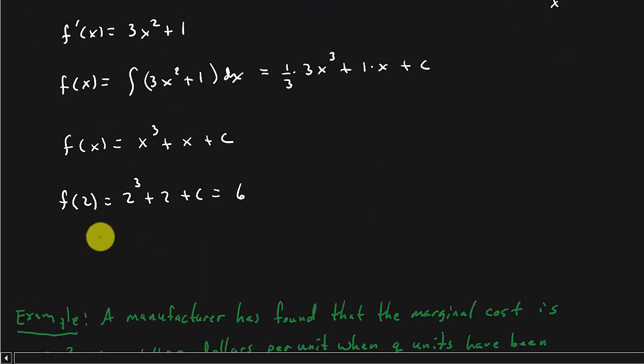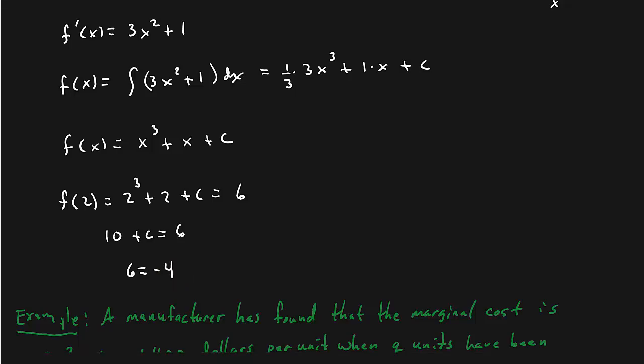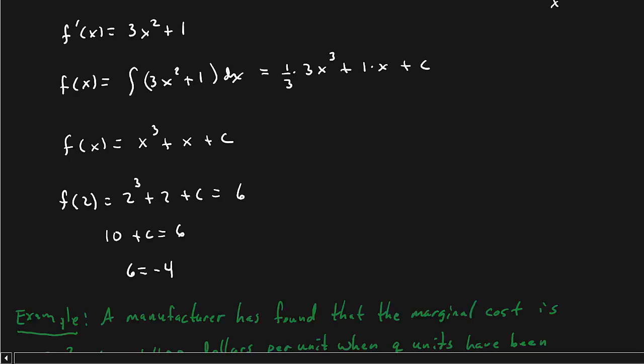And so this tells me this is 8 plus 2 is 10, right? Plus c equals 6, so c equals negative 4. So I was able to find c.